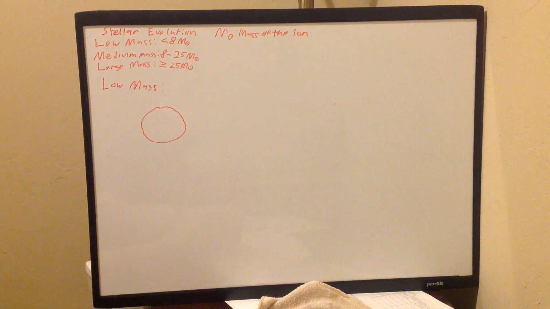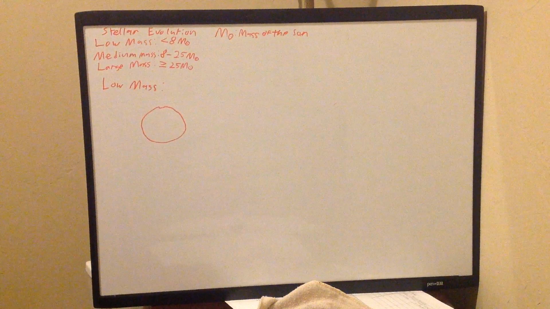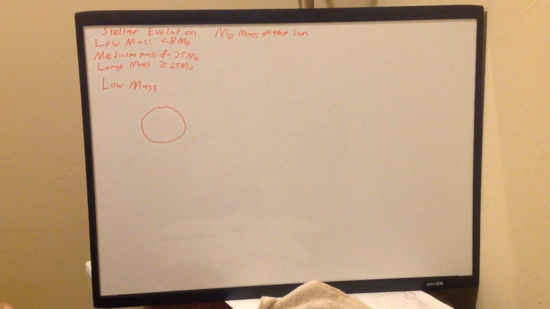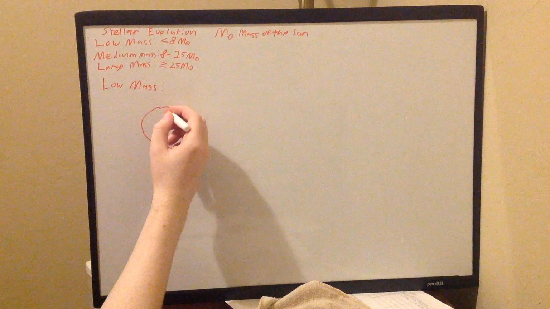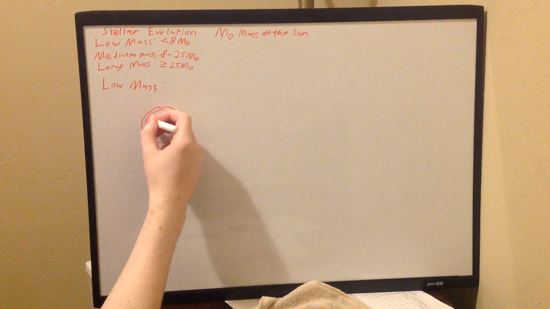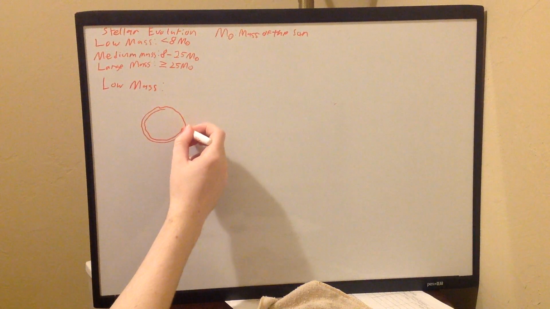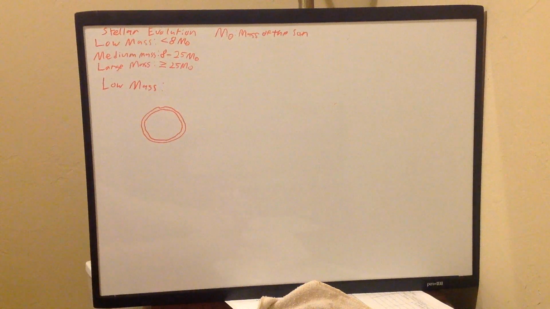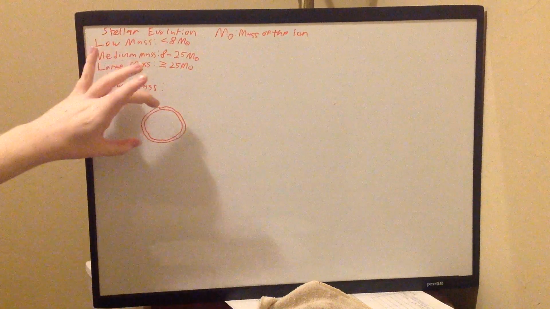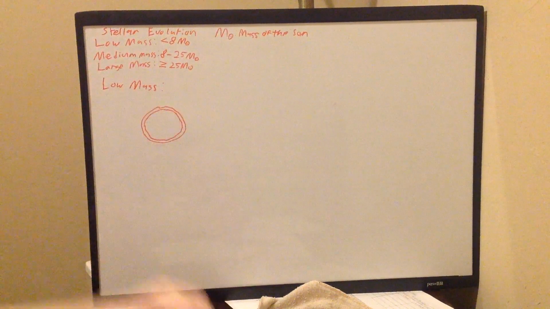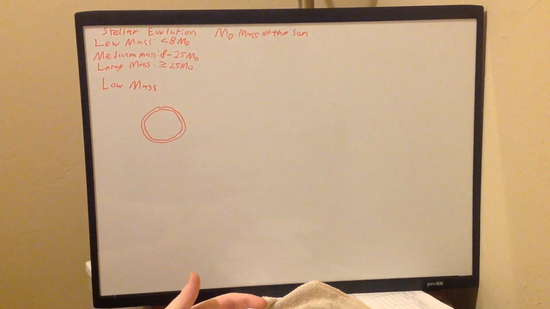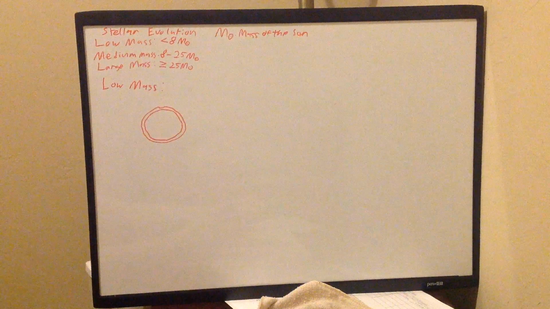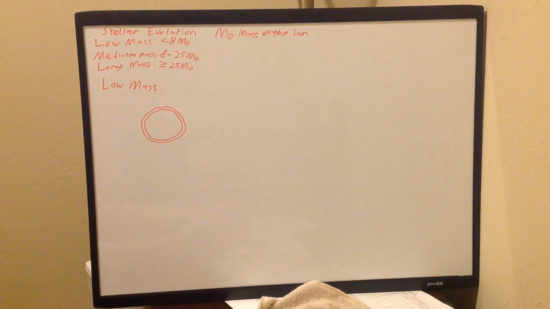But there are some areas on the exterior of the core, for a variety of reasons that I don't fully remember and that are also a little beyond the scope of this class, that do end up burning hydrogen after it contracts and gets to this new level of temperature and pressure. So an outer shell of the core is now burning hydrogen, but the inside of the core is kind of inert, right?